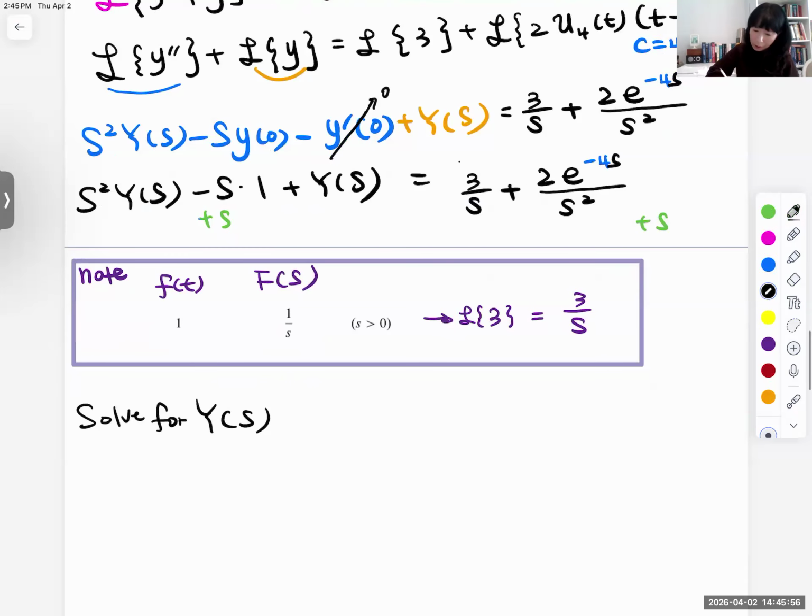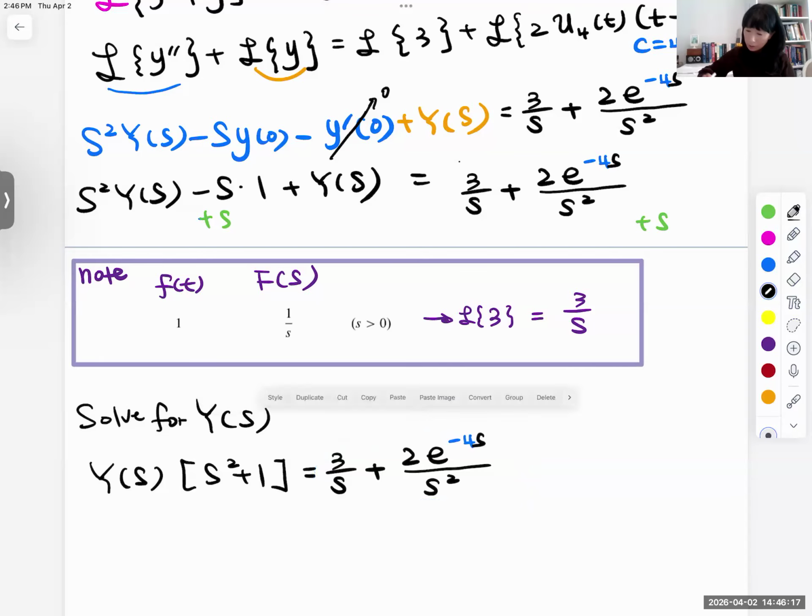So that will be y over s squared plus 1, right? Then there will be 3, everything, copy, paste, and then plus s.